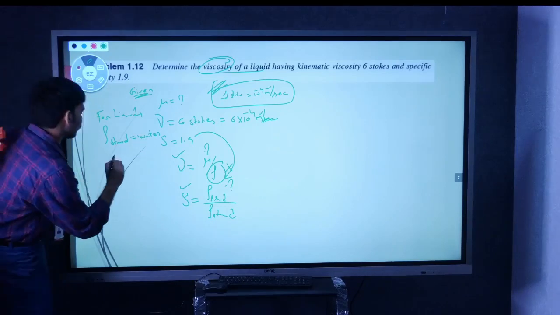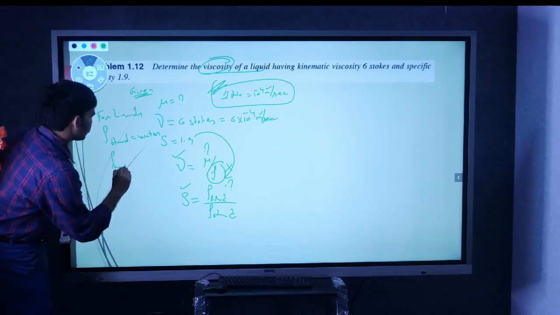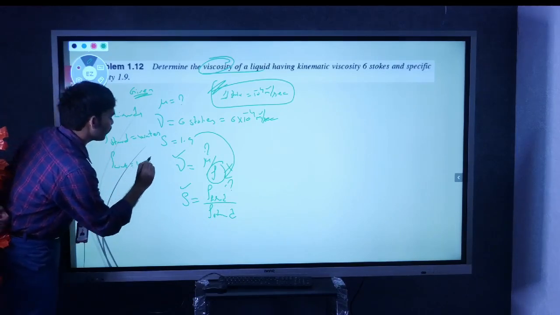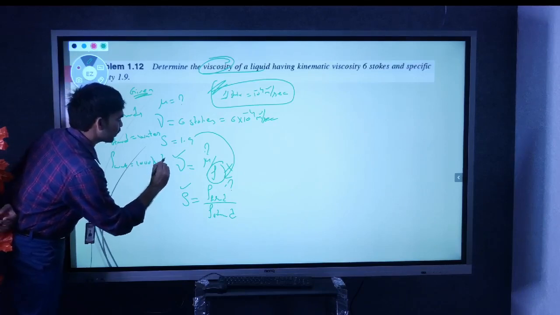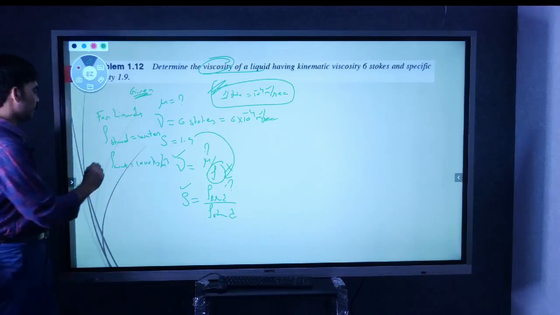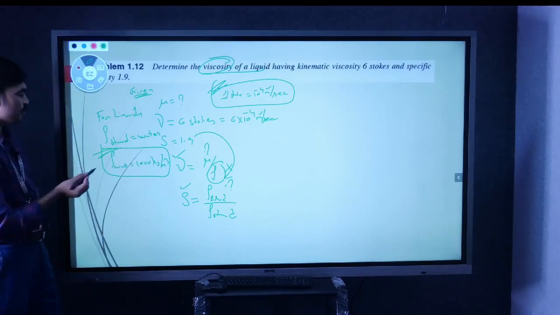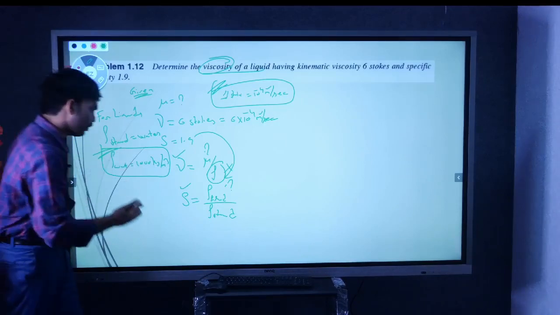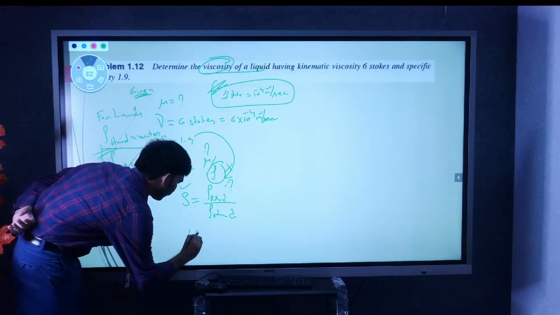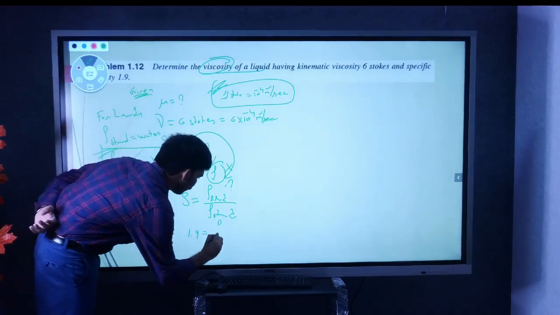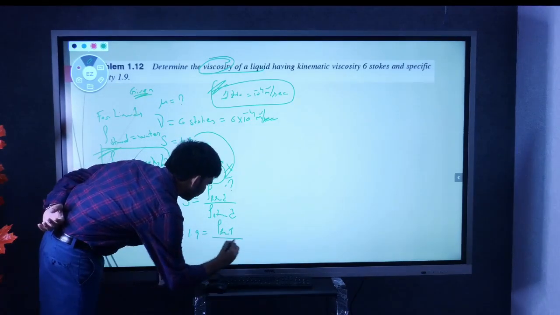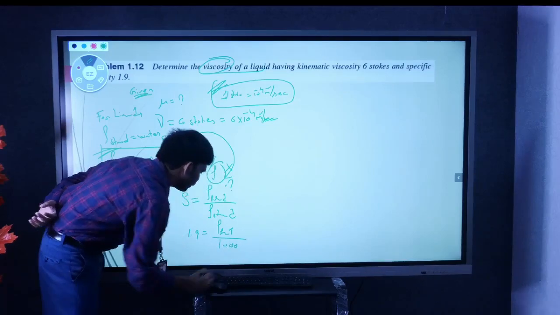What is the density of the water? Density of the water is 1000 kg per meter cube. This you have to assume. Now you can calculate. S is 1.9, and the density of the standard fluid is 1000 kg per meter cube.